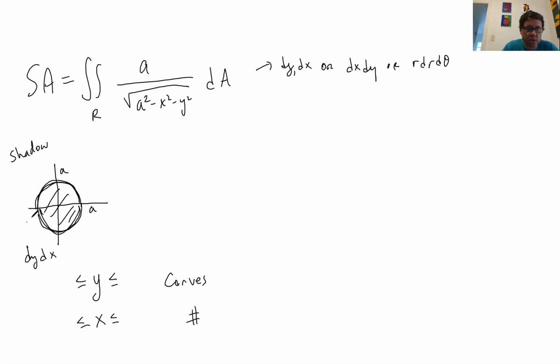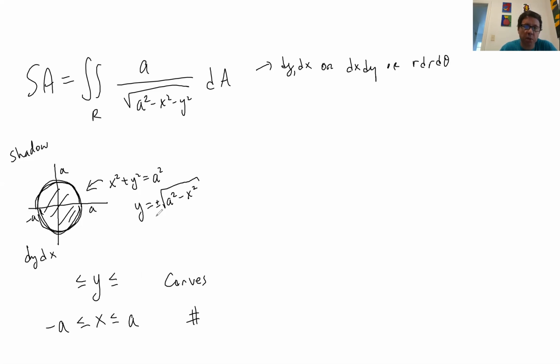And then maybe it's not too hard to see that x is going to go from minus a to a. So what are these curves? So the equation of this circle is x squared plus y squared equals a squared. So now I'm down in the two-dimensional shadow. So if I solve for y, y squared will be a squared minus x squared, and then I'll get plus or minus the square root of that.